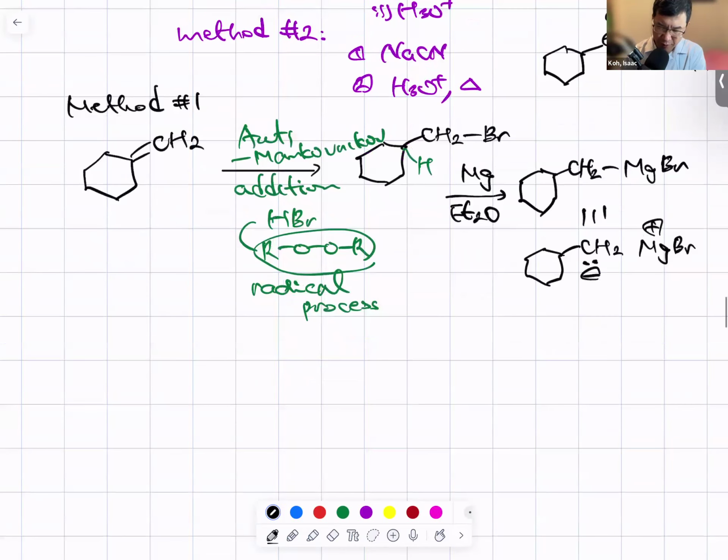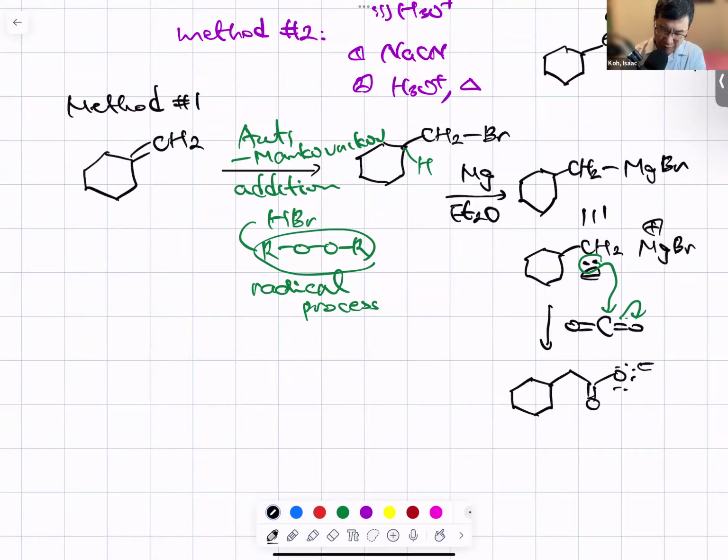This is followed by CO2, dry ice. The carbanion attacks it, moving the electrons to the oxygen, making a carboxylate ion.